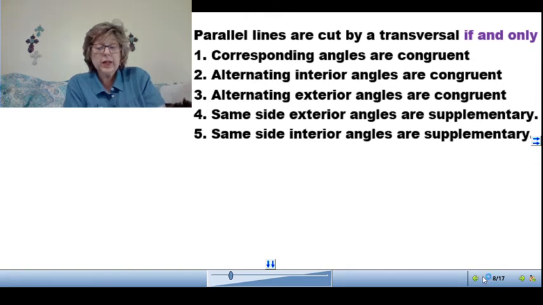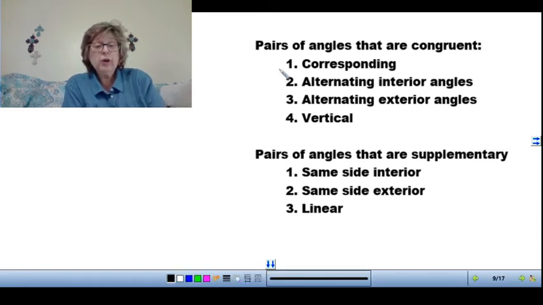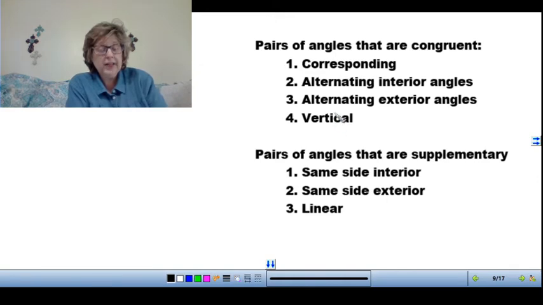So how is this going to help me set up problems and problem solve? Well, angles that are congruent are our corresponding angles, alternating interior angles, alternating exterior angles, and vertical angles. So if I'm trying to figure out what the variable is given one of these angles, I'm going to set them equal.